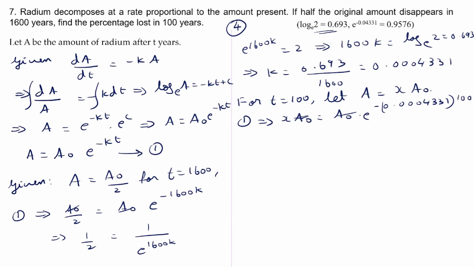So A naught and A naught will get cancelled. We get x is equal to e raised to minus 0.04331. Now the value of e raised to minus 0.04331 is given as 0.9576. So we got the value of x.